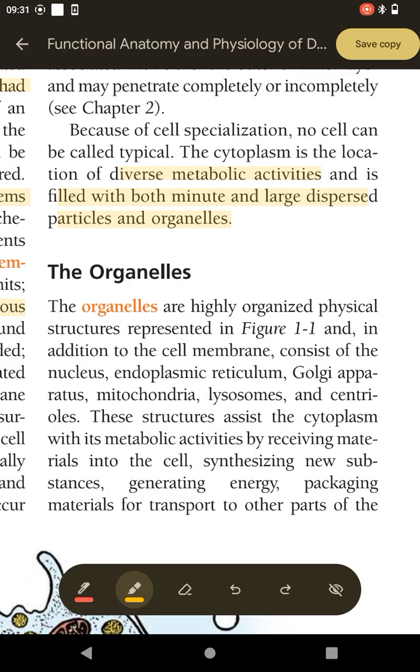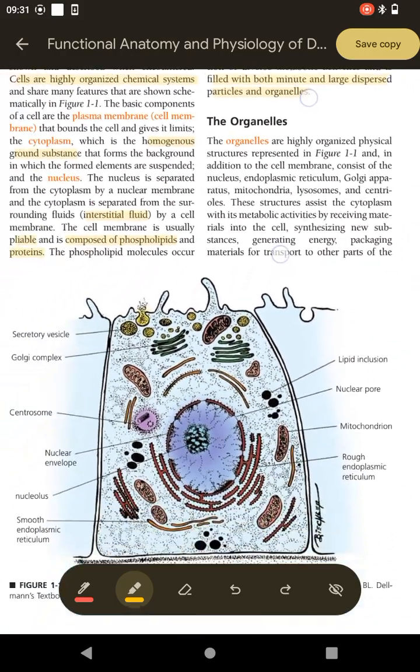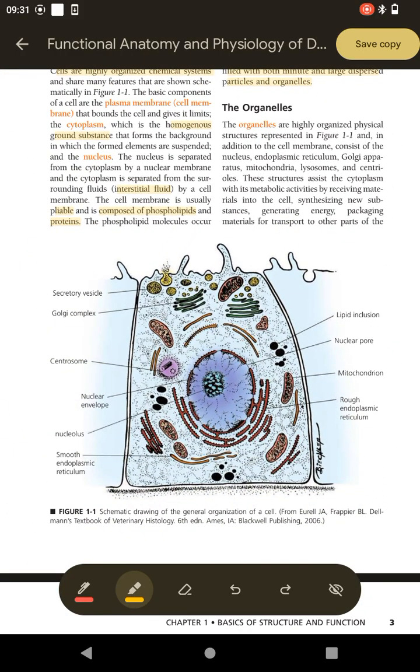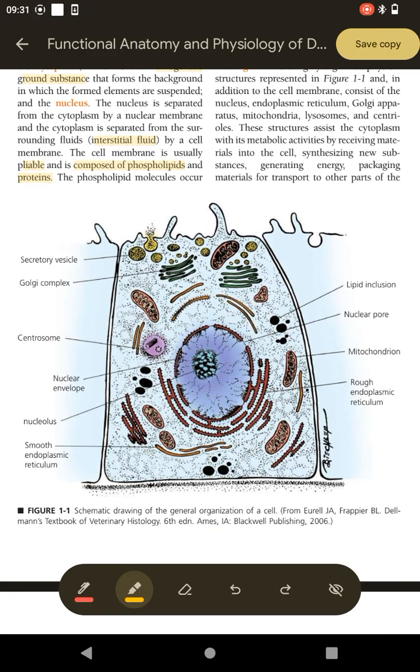First, we see the diagram of a cell. How does the animal cell look? This is the figure of an animal cell.